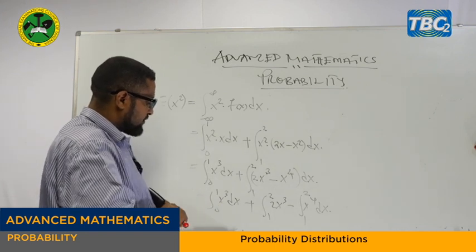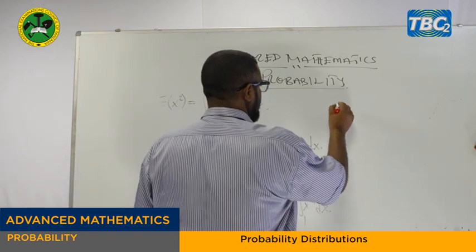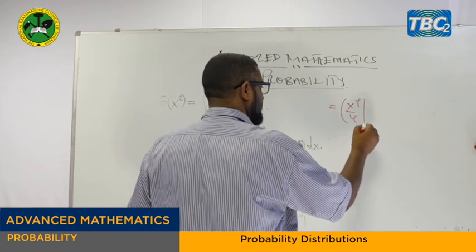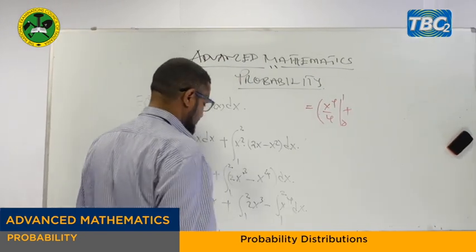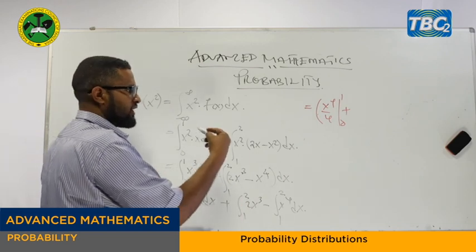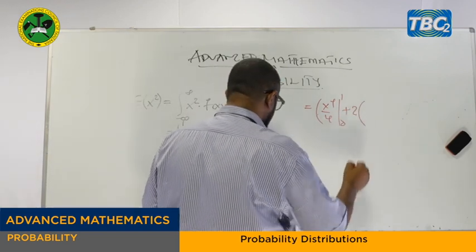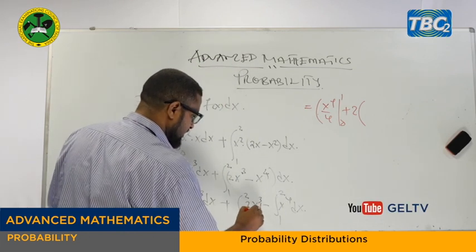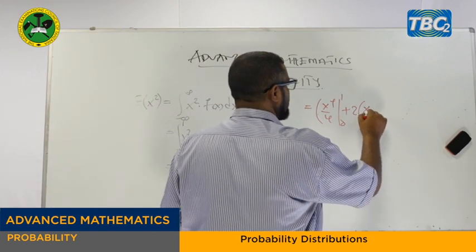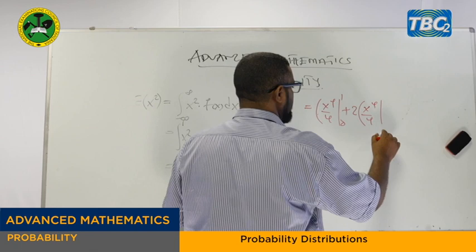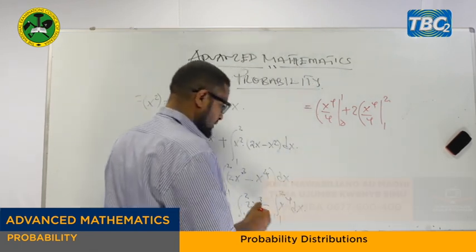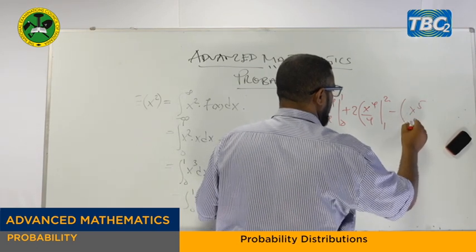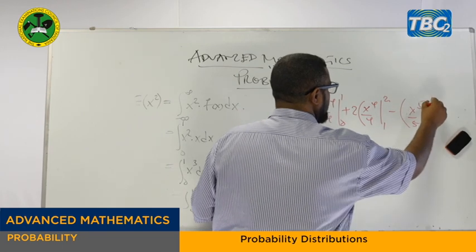If we integrate the first part, it will give you x power 4 over 4 from 0 to 1, plus, because this one is a constant number, take it out, so it is 2 times, when you integrate x power 3, it will be x power 4 over 4, again from 1 to 2. Lastly, it will be minus x power 5 over 5 from 1 to 2.